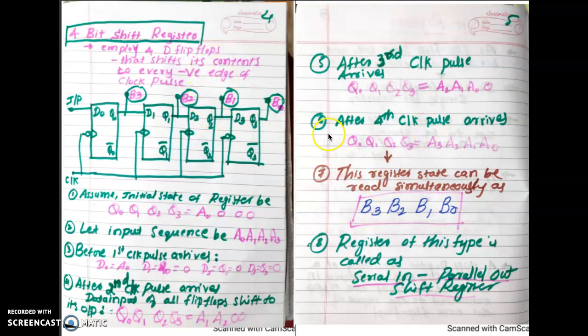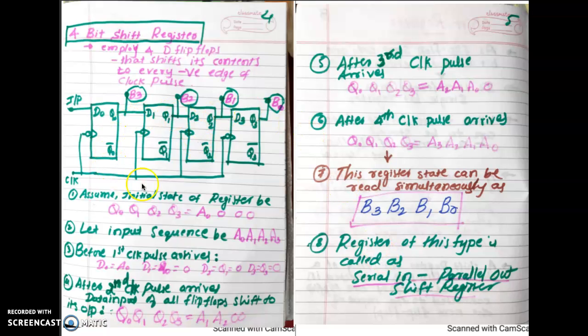Whatever input sequence we fed appears in the manner A3, A2, A1, A0, and it is read in parallel.